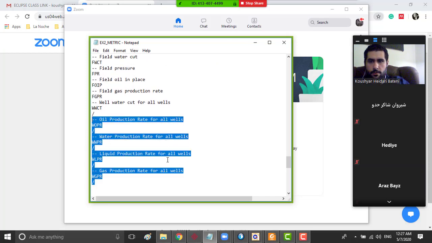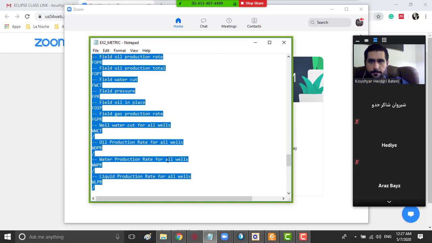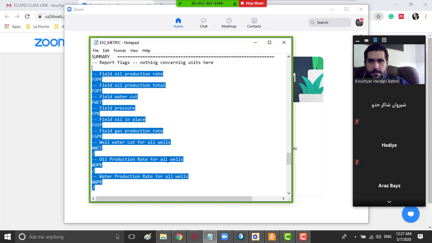Look, these keywords that you have included in your summary section have a specific importance. When you do your simulation and everything is over and you want to go to the office to see the results of your simulation, you remember that when you loaded the result of the simulation in the office, then you saw two sets of keywords.